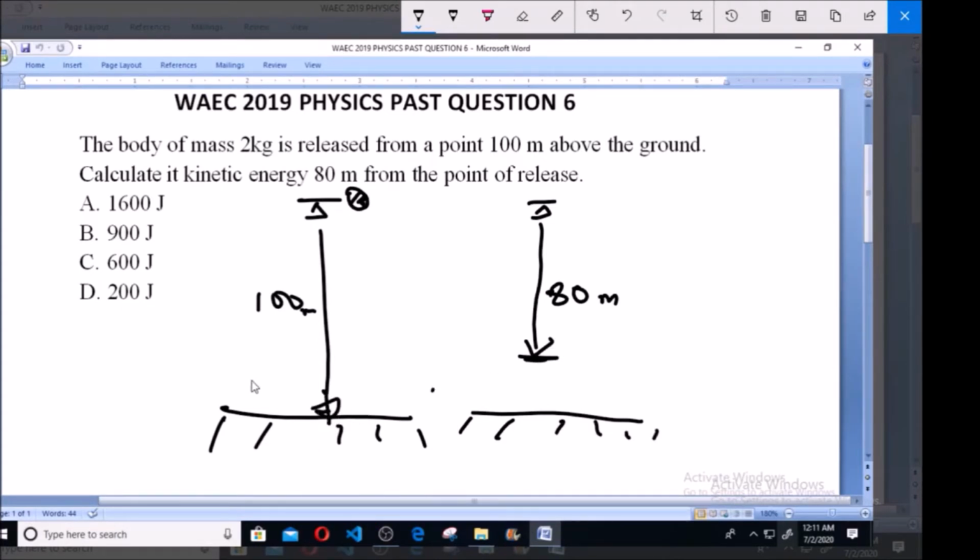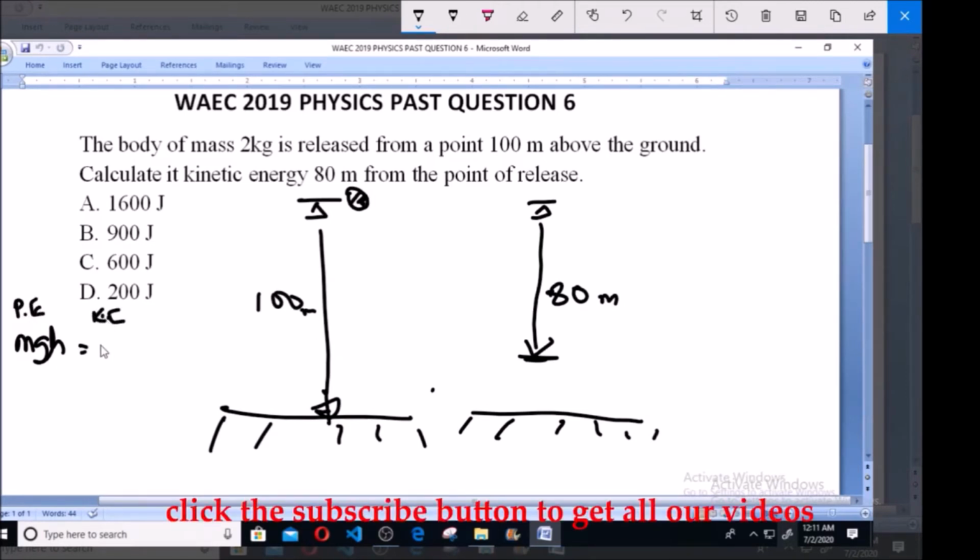So how do we calculate this? We all know that energy is conserved. Kinetic energy, potential energy is the same as the kinetic energy. So if you want to get the kinetic energy, we can just calculate the potential energy. So for this first instance, it's going to be m, which is mass. Mass we know is 2 kg, times g.